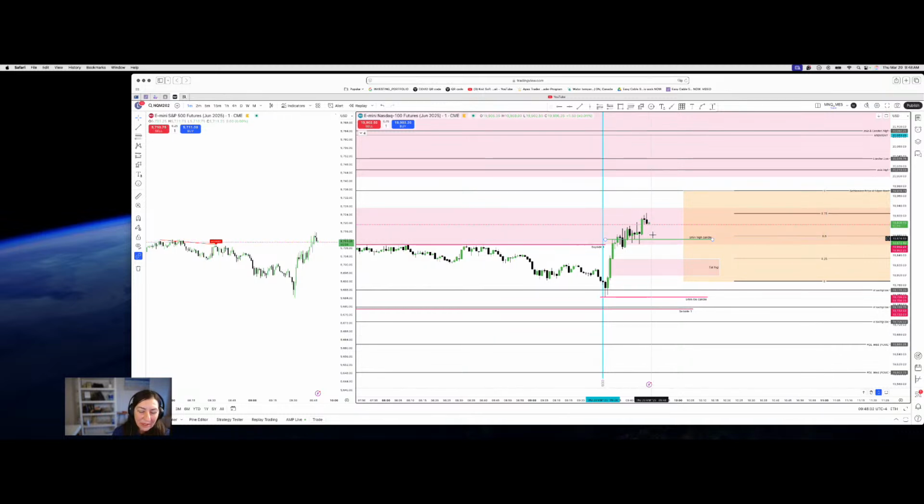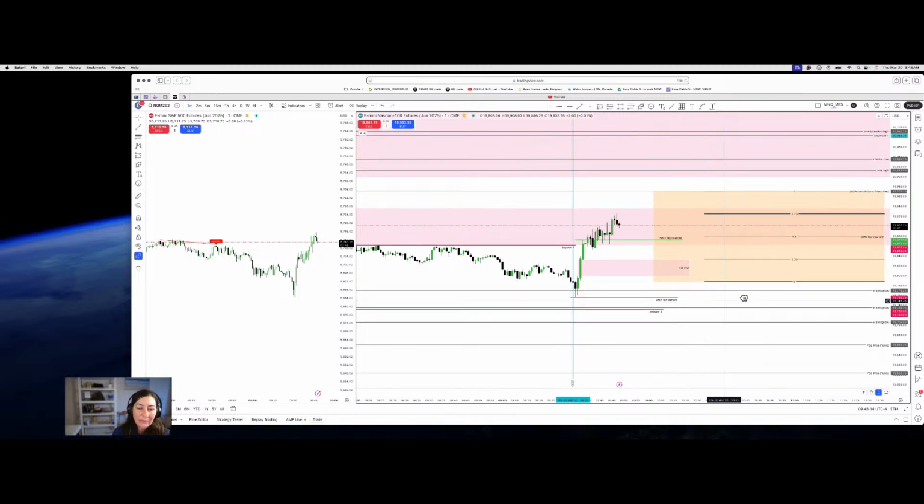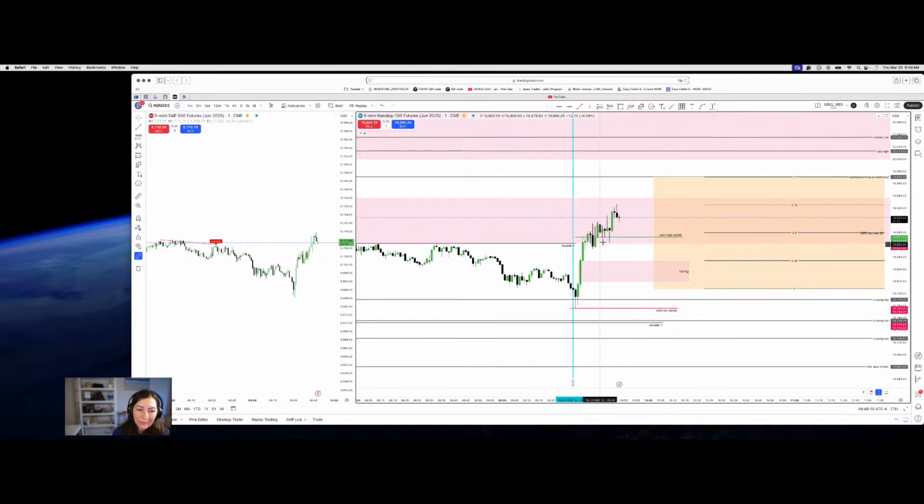I would like to see price come back here to this 5-minute area, retest, and then with a very nice strong candle to the upside. That's what I would want to see. Don't know that we're going to get that strength, but we've got a fair value gap here. Got a BISI.